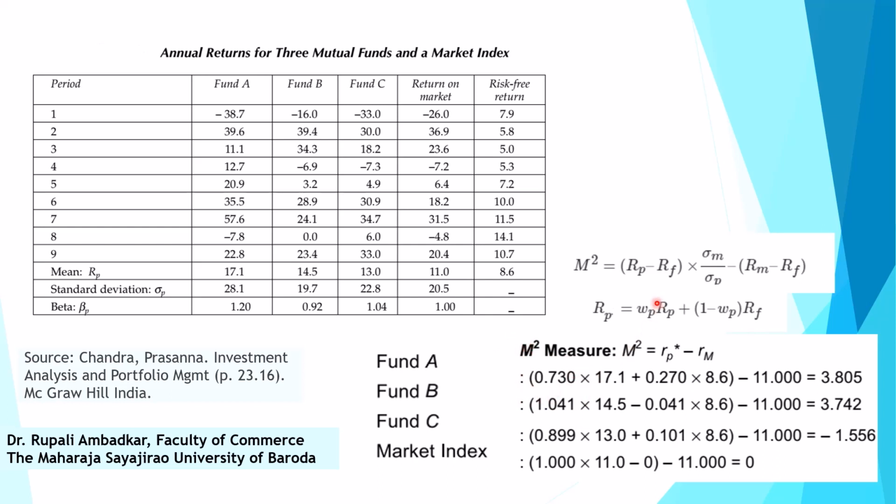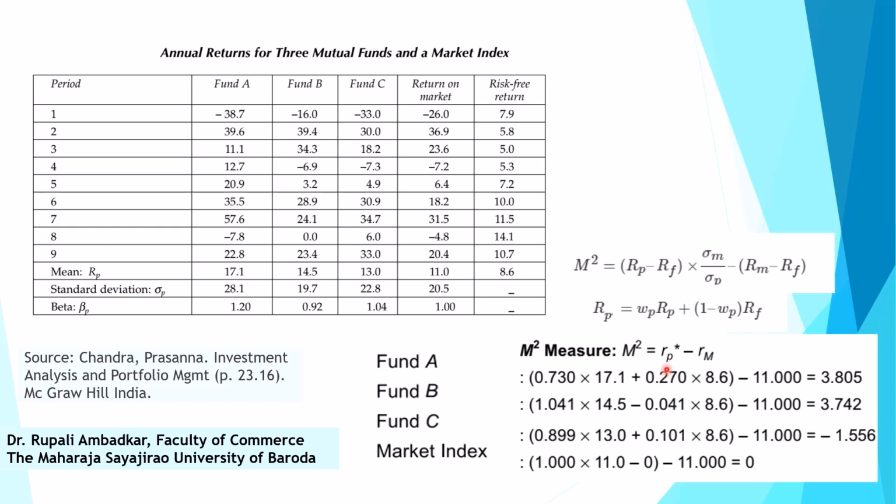So now we have weight P, and that weight P is 0.73. To find the weighted return of the portfolio, weight multiplied by the return of the portfolio, the average return of the portfolio is already given here for portfolio A or fund A. So 0.73 multiplied by 17.1 gives you the weighted return of portfolio P.